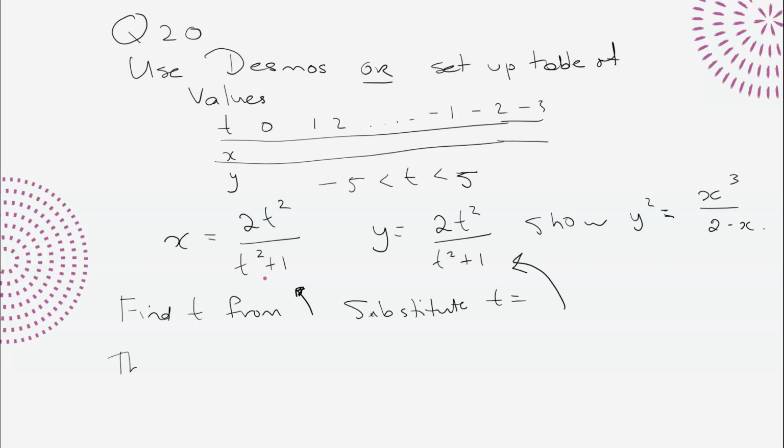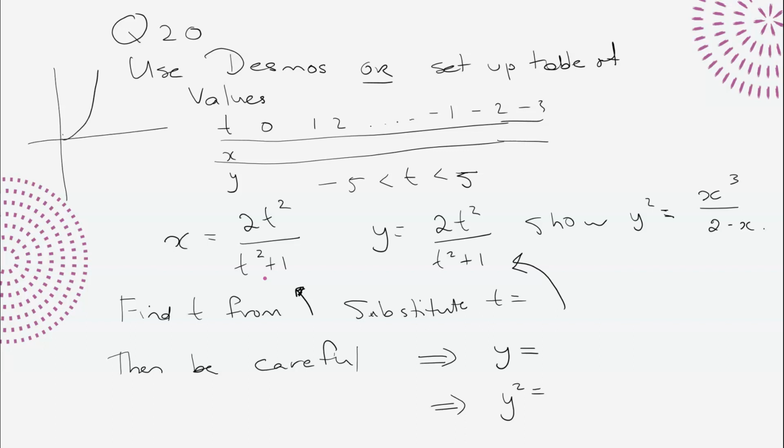Then be careful. It's not hard. Again, it's just easy to make a mistake, and you will then get to the point, you'll find y, so that you get y equals something, and then you can square both sides and get that. So you should, either if you do a table or if you use Desmos, get a curve that looks a bit like that. Right.